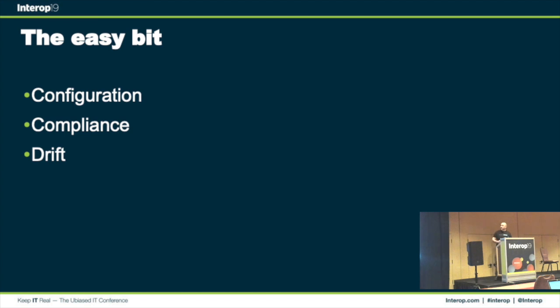So the easy bit, we talk about configurations. Network automation is very much associated with configuration, right, and deploying configuration. But in reality, it's a very hard thing to get started with, right? Actually deploying configurations is tough because it has to be right.